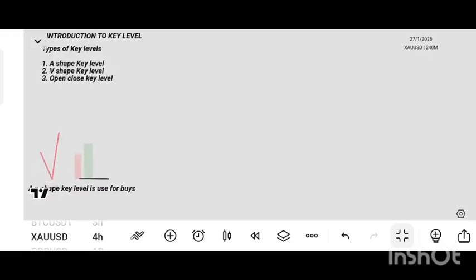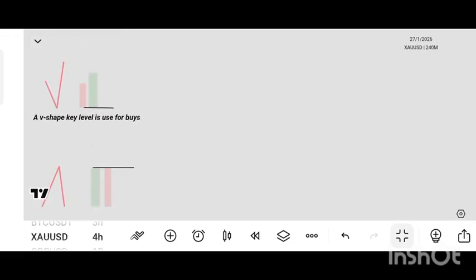Let's just go into it. I said an A-shaped key level is used for buys. I'm still going to explain deep into it, at least to a measure, in this particular video, while in the next video we are going to dive deep.